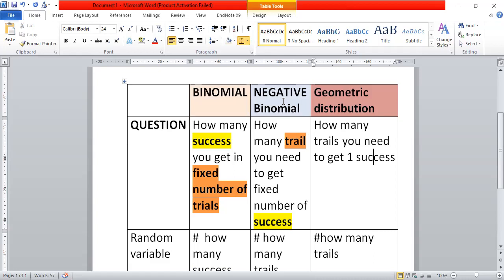So keep this in mind: binomial, negative binomial and geometric distributions move side by side.